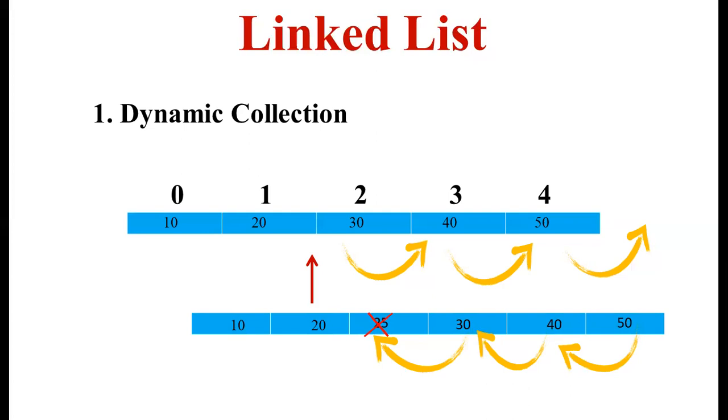Generally, if you want to insert elements into the linked list, the data will be stored in the form of nodes, where a node is nothing but a memory block. How the memory block looks, we will see now. For example, if you want to store the elements 10, 20, 30, 40, all these will be stored as individual blocks like this.